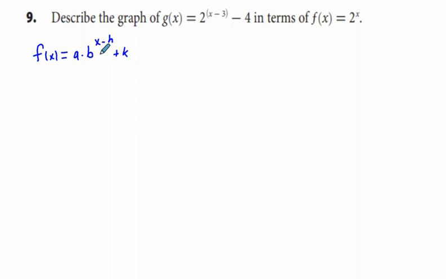So what does this do? We have the same base in each case. So g of x is f of x with one of the transformations, x minus 3.